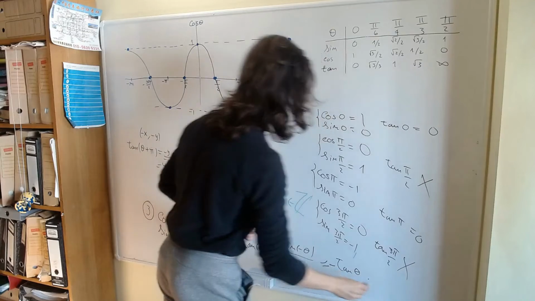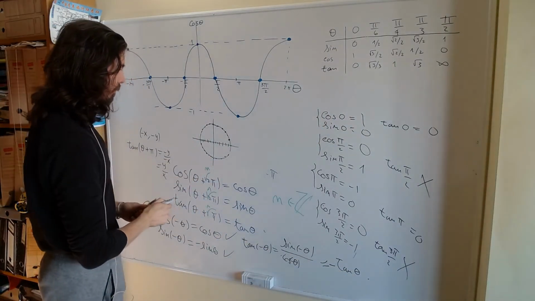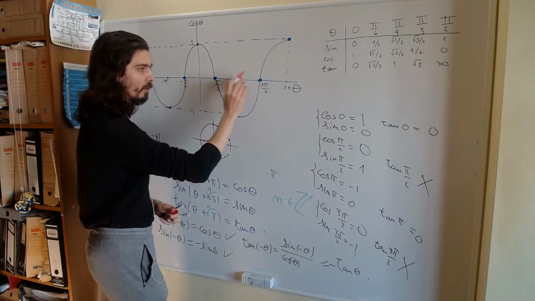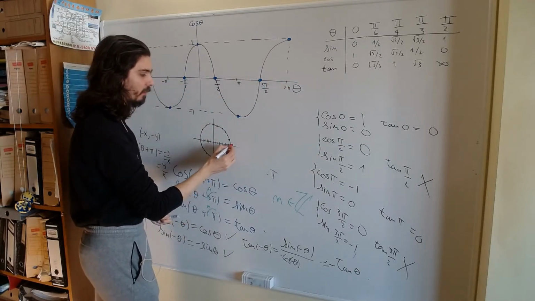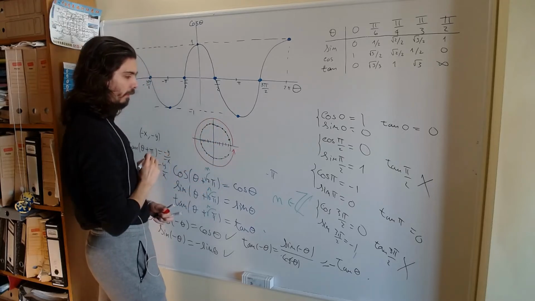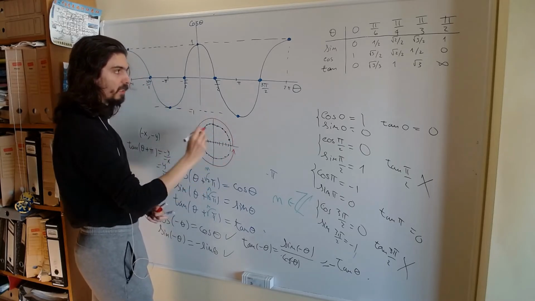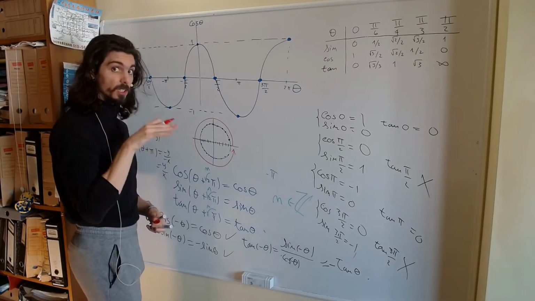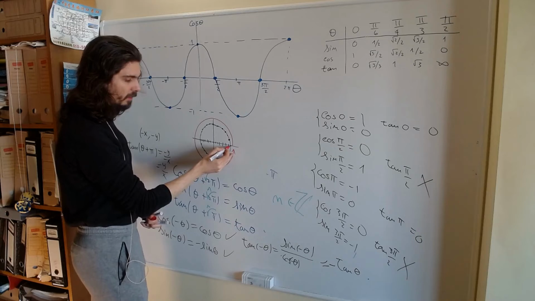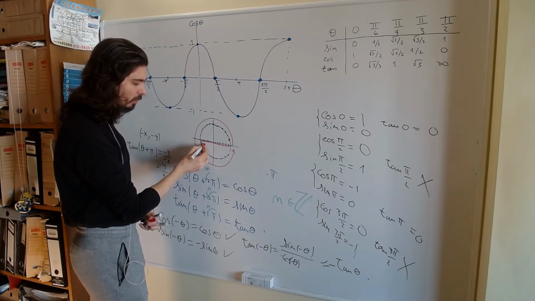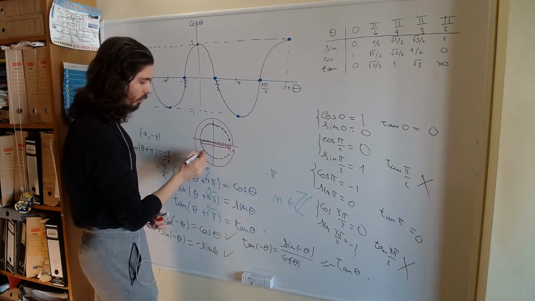Let's just compare with this again. Very important idea. From here to here, as you increase the angle, the cosine that lives on the horizontal axis starts here, it starts to move like this, then stops, makes a U-turn, and moves again toward 1.